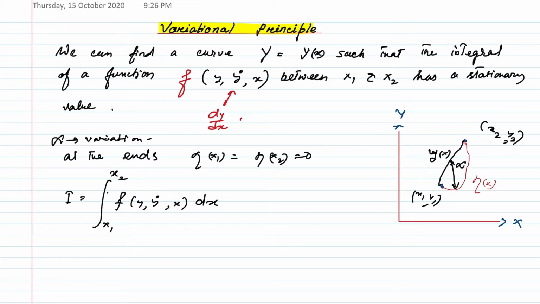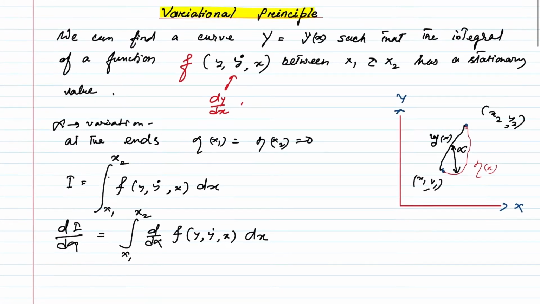Okay, now if you differentiate this with respect to alpha, dI by d alpha, then what you can have is the integral from x1 to x2 of the derivative of the function f dx.